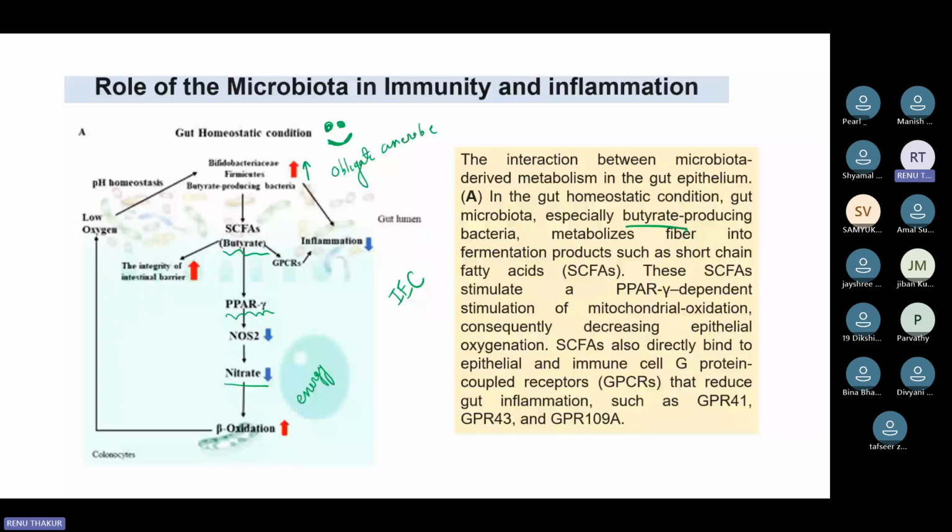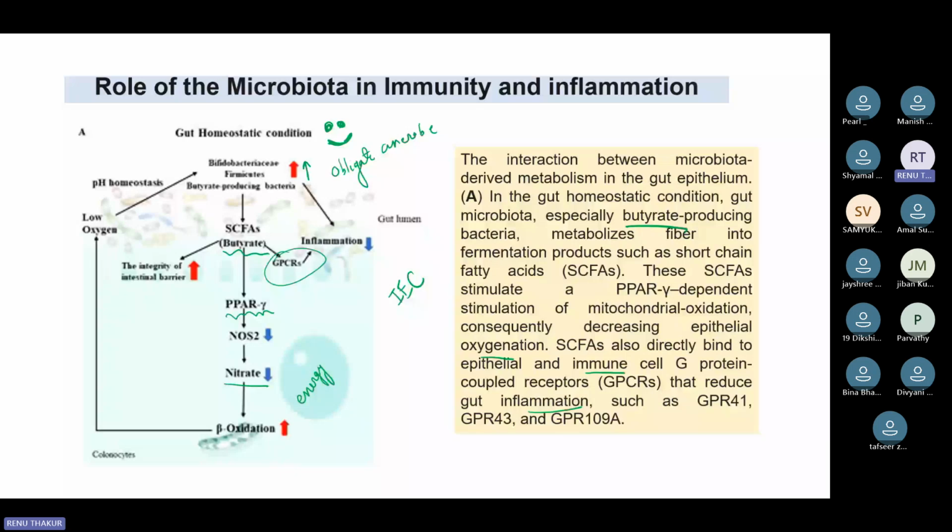And SCFAs also directly bind to the epithelial and immune cells' G protein coupled receptors that reduce the gut inflammation, such as GPR41, GPR43, and GPR109A. So you should know about the GPCR cycle, the serpentine receptor, 7 transmembrane receptors, G protein coupled receptor.